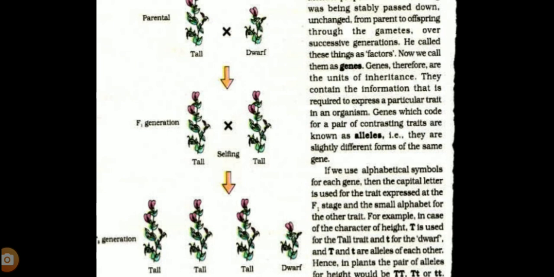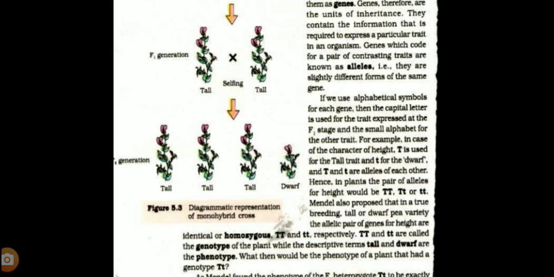Alleles are slightly different forms of the same gene. Alphabetically, for tallness, what is the pair of alleles? Capital T, capital T, or capital T, small t, and for dwarfness, small t, small t. So capital T capital T or small t small t is homozygous, and this is also known as the genotype.